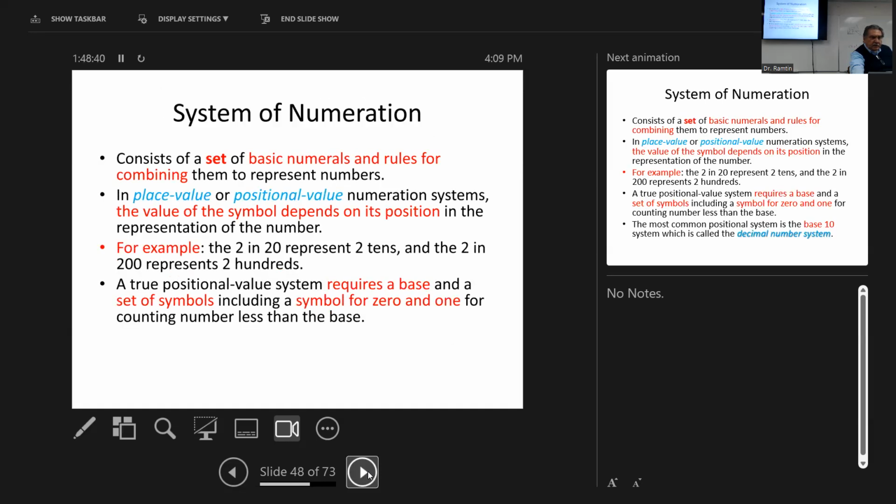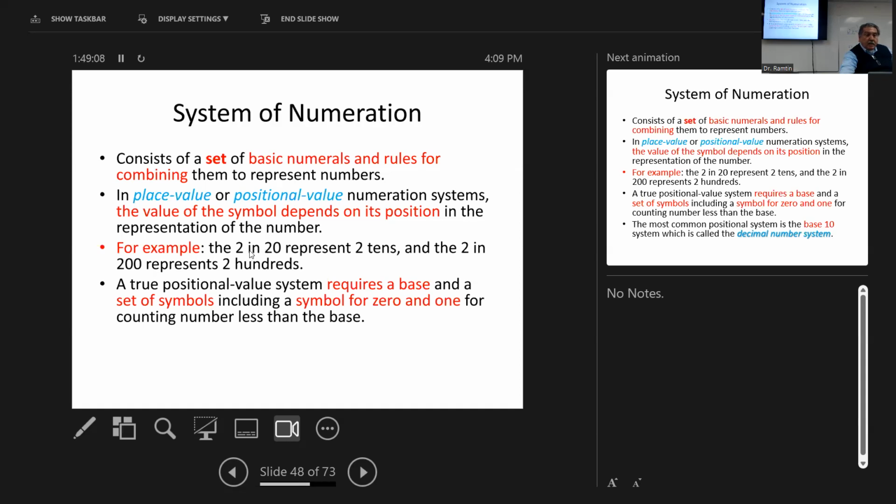The thing about a number system is that a system of numbers consists of a set of basic numerals and rules for combining them to represent numbers. We can have a place value or positional value number system. The value of a symbol depends on its position in the representation of the number.